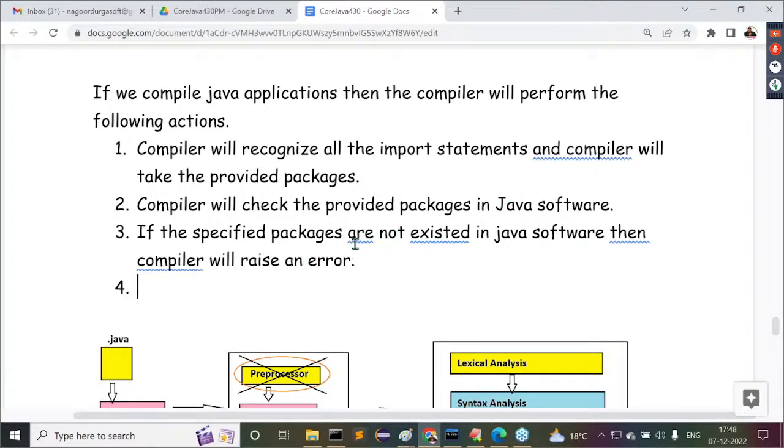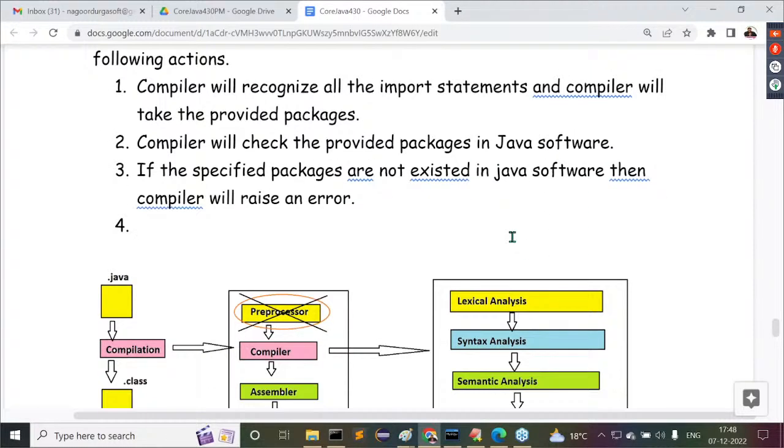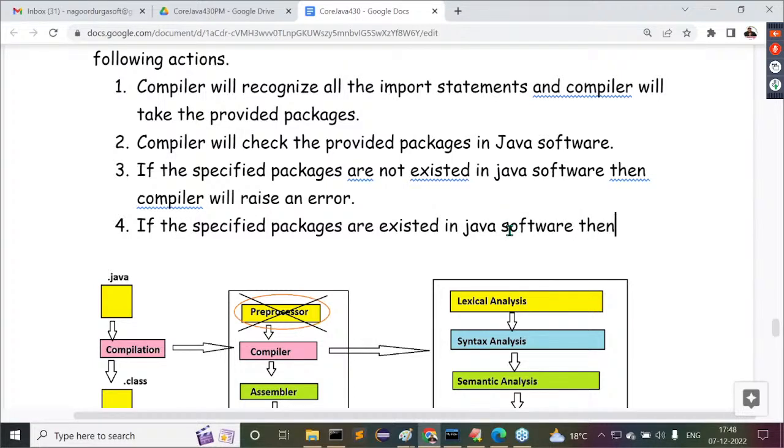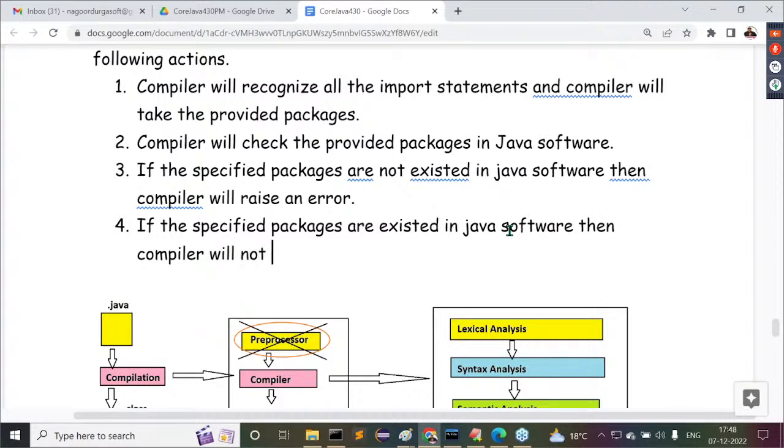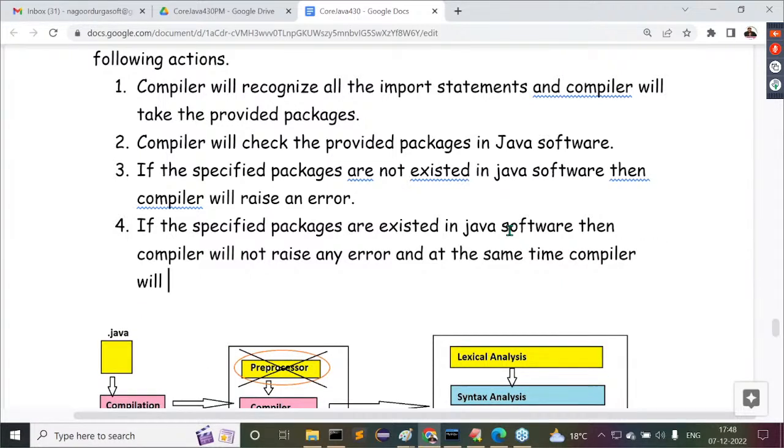If the specified packages exist in the Java software, then the compiler will not raise any error. And at the same time, the compiler will not load any predefined library.